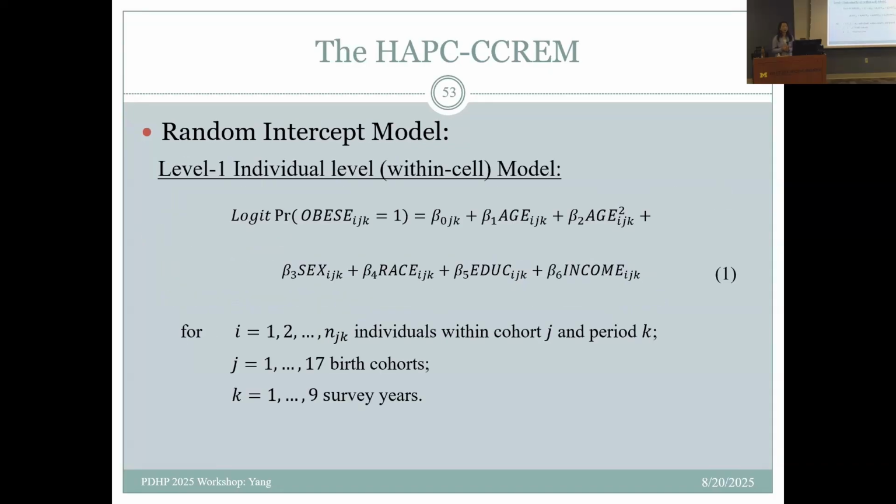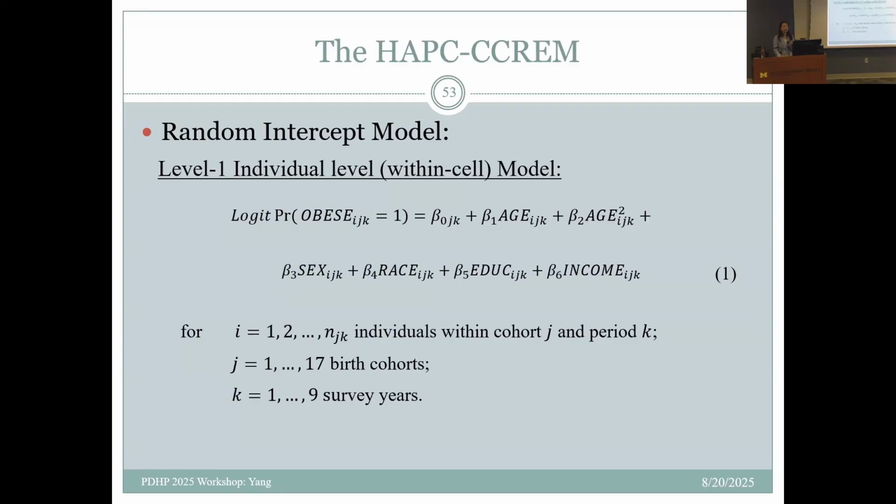So beginning with the random intercept model, I separately write out level 1 and level 2 just to show the structure a little bit clearer. So at level 1 in this data structure, if you recall, we have individuals within cell model where we specified the risk of obesity to be functions of fixed effects of individual level characteristics, including age, age square, sex, race, education, and income.